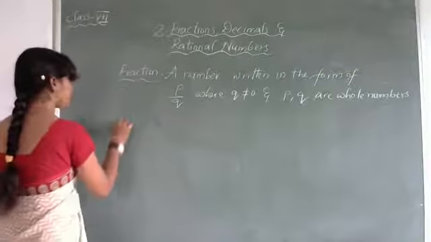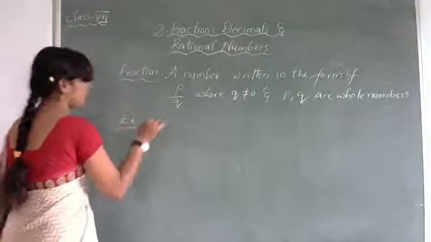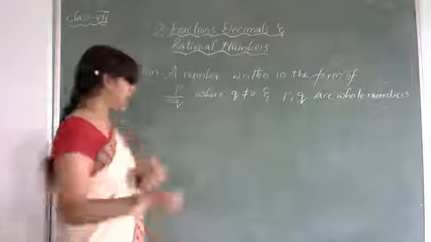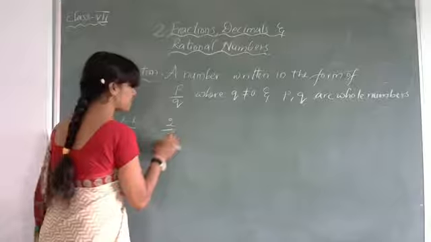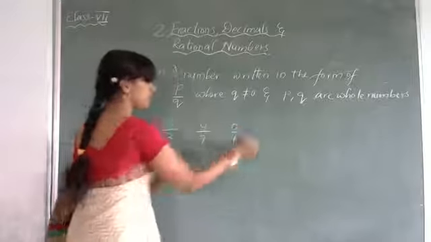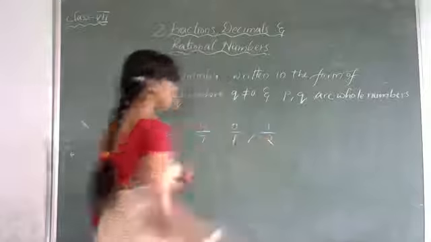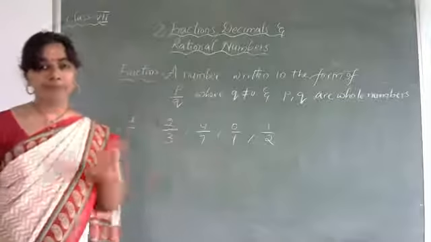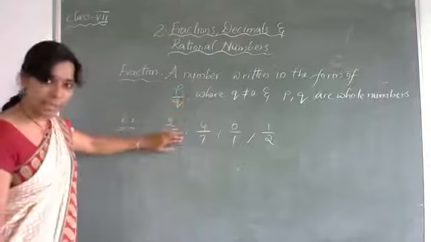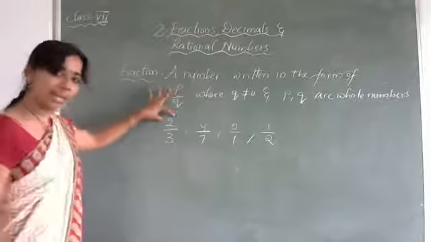Let me write examples. So a fraction should be in the form of p by q: 2 by 3, 4 by 7, 0 by 1 and 1 by 2. All these are examples of fractions. See, in p by q form, there is one number on top and one number below.